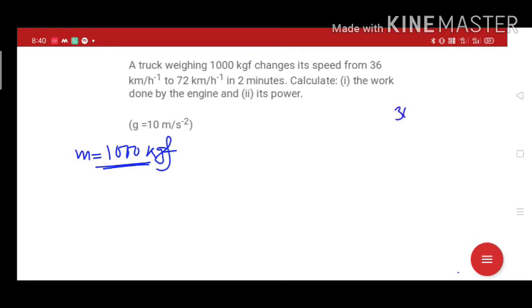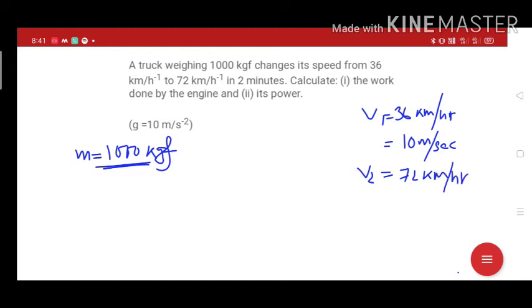So 36 km per hour is v1, it was the initial velocity. So in meter per second it will be 10 meter per second, and I hope you know how to convert the kilometer per hour to meter per second. And the second velocity is 72 kilometer per hour, and in meter per second it will be 20 meter per second.